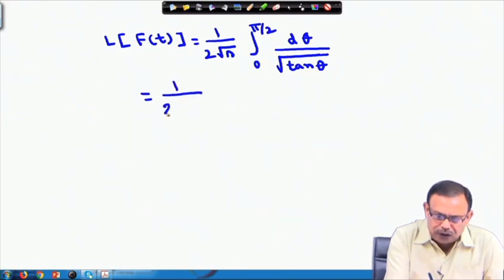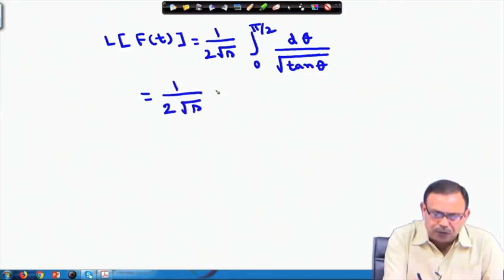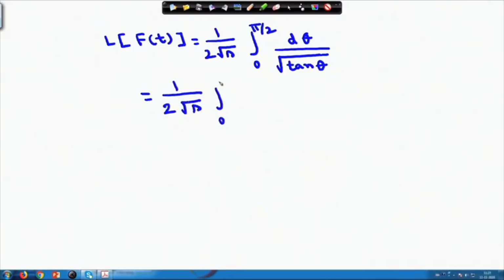So, this equals 1 by 2 root s, integral 0 to pi by 2, sin to the power minus 1 by 2 theta into cos to the power plus 1 by 2 theta, d theta.